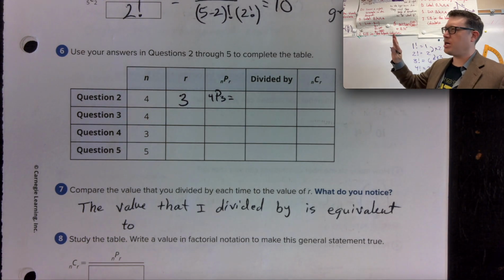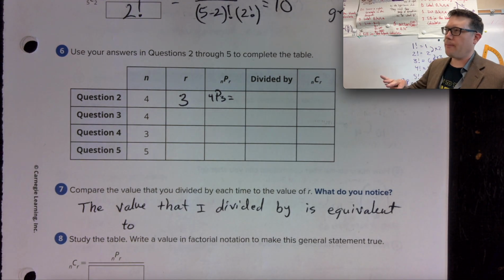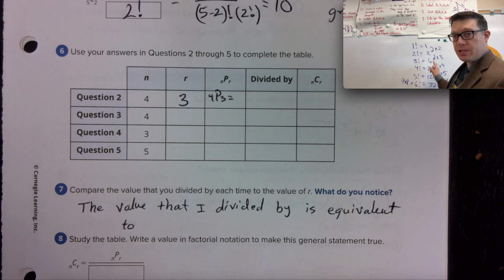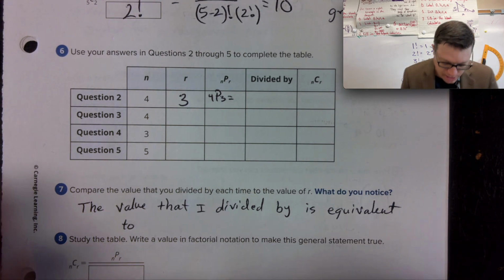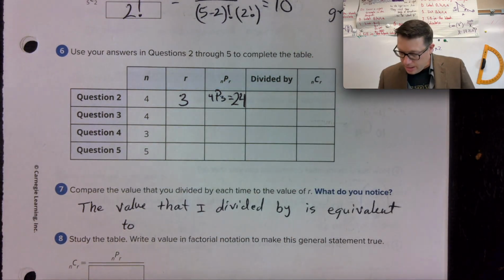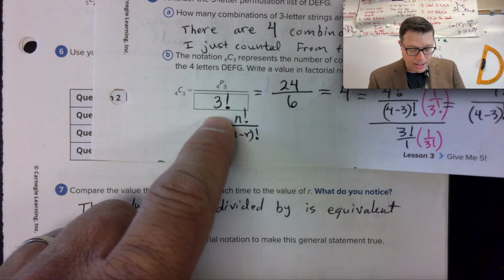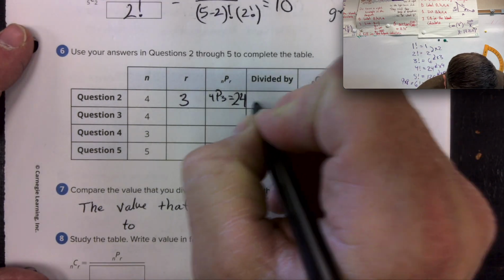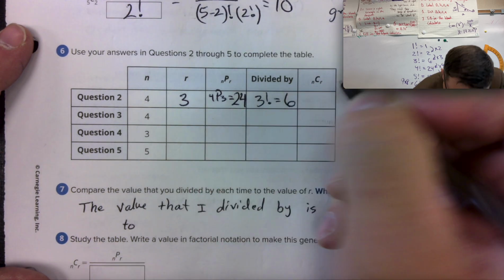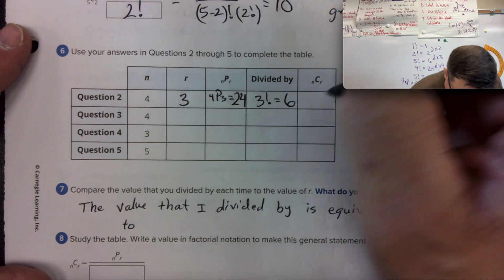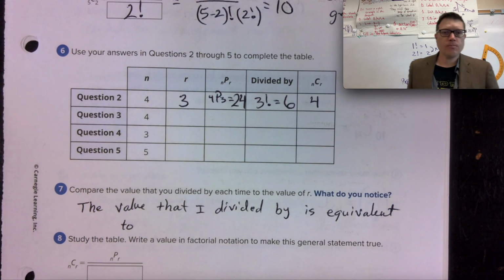So that's 4 factorial on the top divided by 4 minus 3 factorial on the bottom. So 4 factorial is 24, and 4 minus 3 is 1, and 1 factorial is 1. So yes, 24. But then, to get to the combinations, we divided by the 3 factorial. So divided by 3 factorial, which is 6, leaving us with 4. Okay, let's go to question 3.